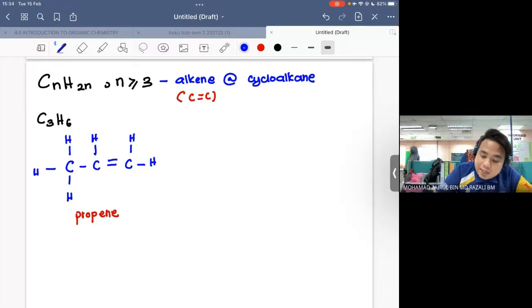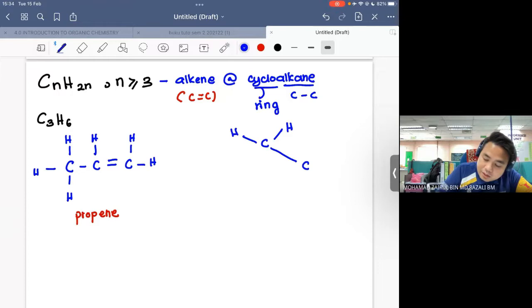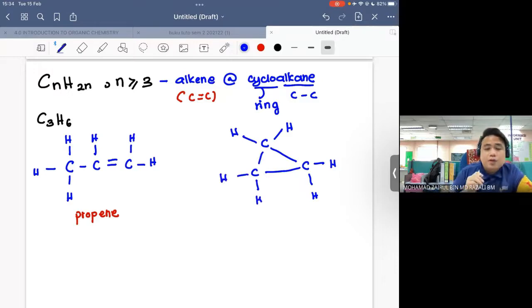So alkane, remember the alkane dia mesti C single bond C. Cyclic ni dia refer kepada ring. So ring with 3 carbon, the shape is triangle. Ni saya draw expanded lah supaya awak nampak how many carbon and how many hydrogen. If we count the number of carbon and hydrogen, dalam each of the compound dia sama.